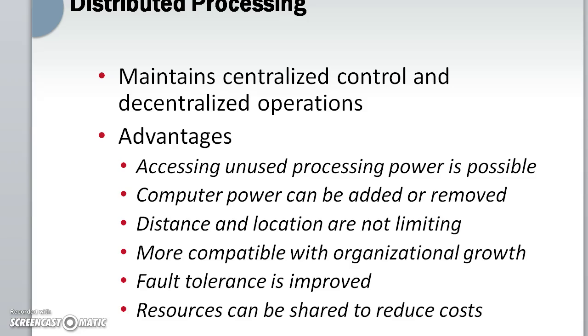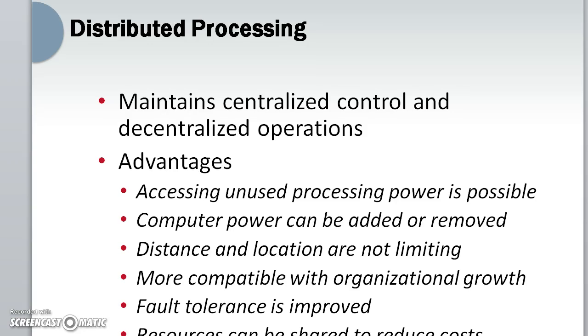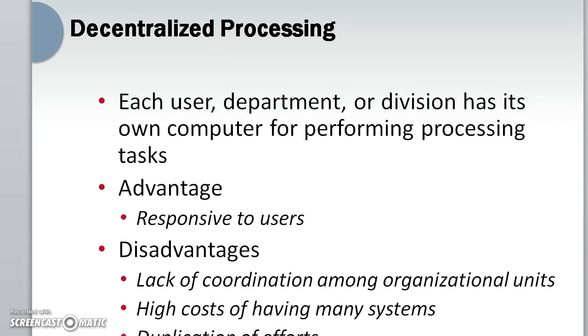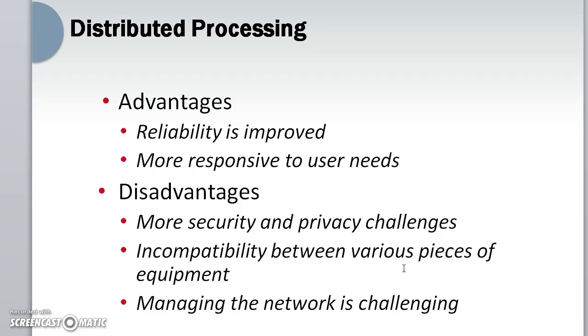A lot of organizations nowadays are using distributed processing. There is also a disadvantage to distributed processing, of course, because there are going to be more security and privacy challenges. Also, incompatibility between various pieces of equipment, and managing this type of network is also challenging.